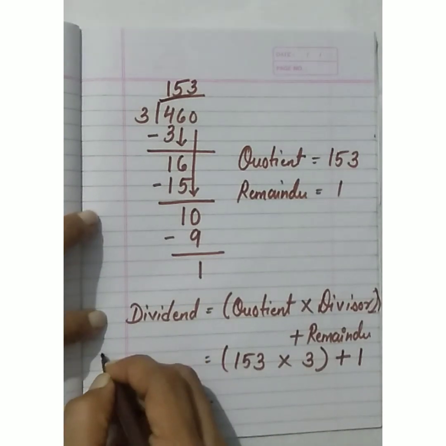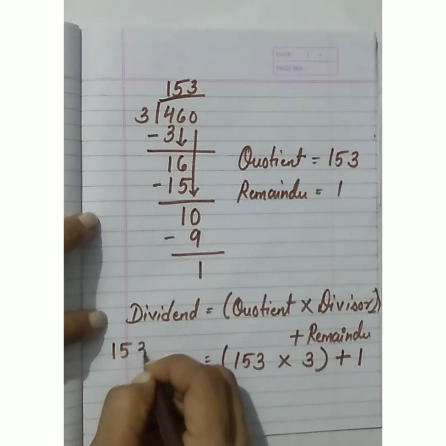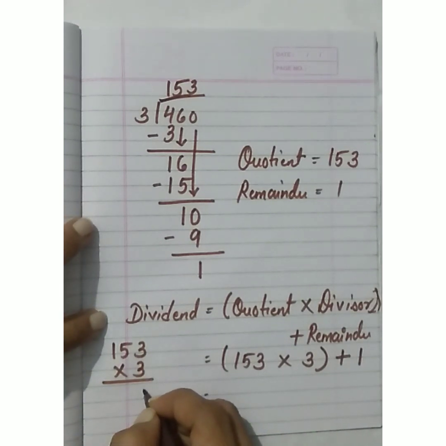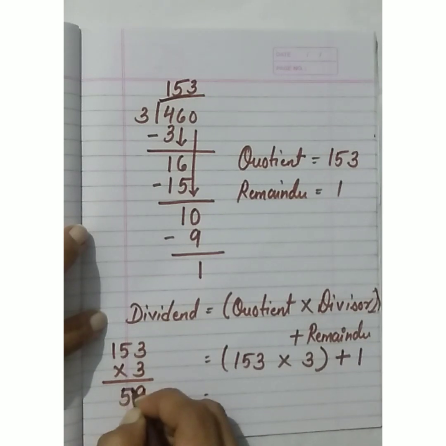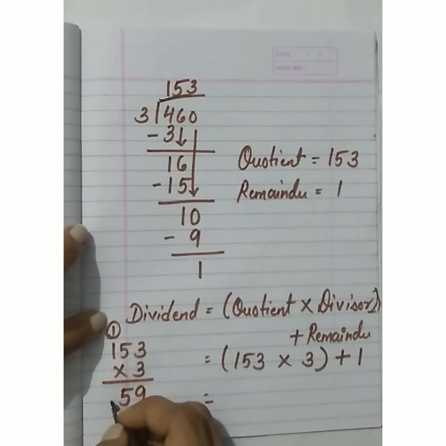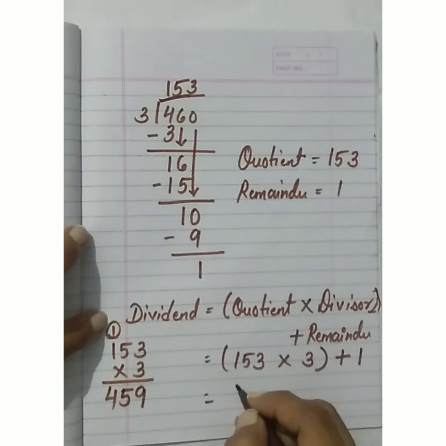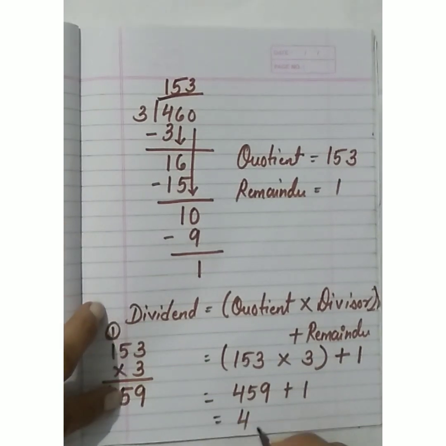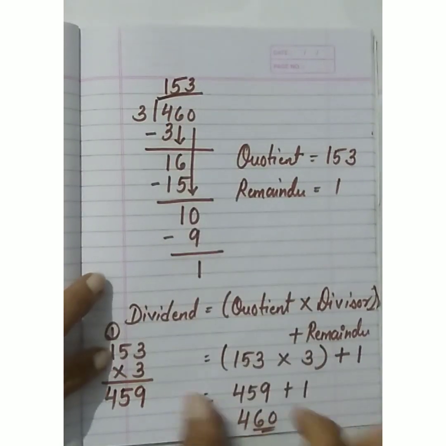So let's do it over here. 3 threes are 9, 3 fives are 15. So 5 and 1 carry over. 3 ones are 3 plus 1, 4. So we got 459 plus 1. What will be our answer? 460. So this is our dividend. It means our answer is correct.